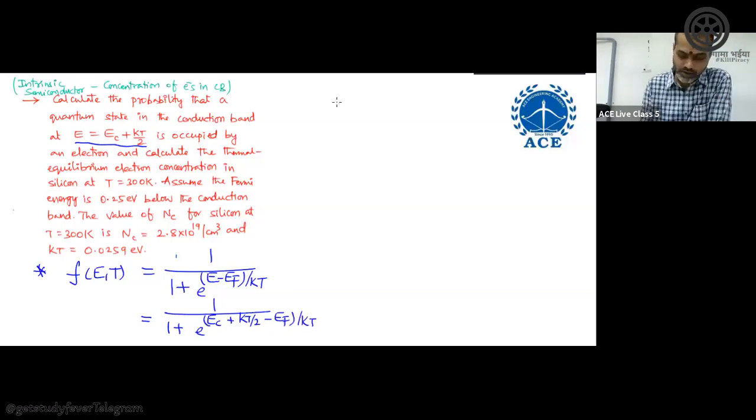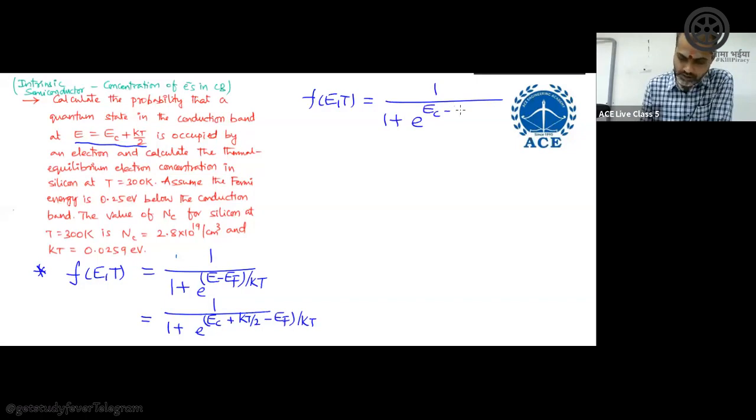So can I say now F of E comma T is equal to 1 divided by 1 plus e power EC minus EF plus KT by 2, divided by KT? Am I correct? So this is nothing but 1 divided by 1 plus e power.